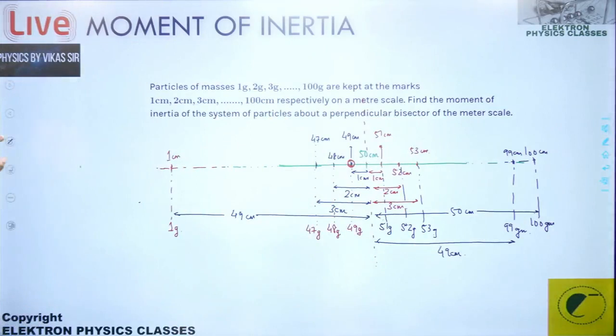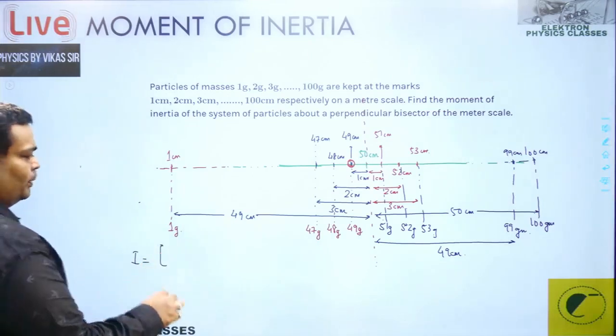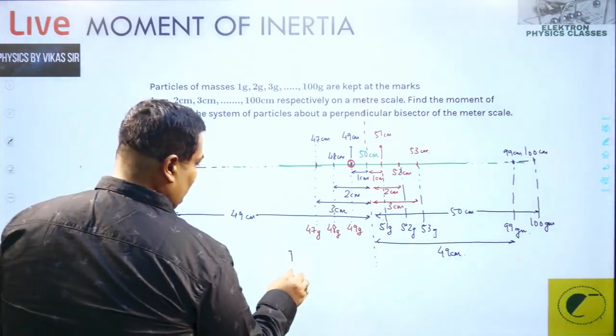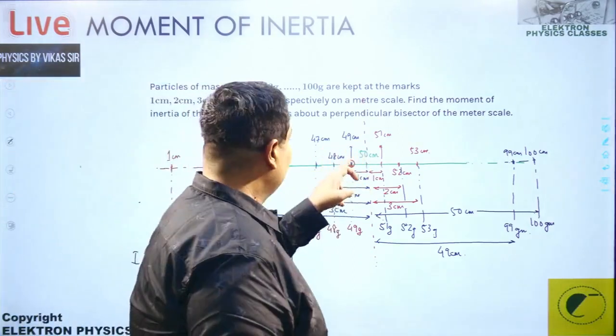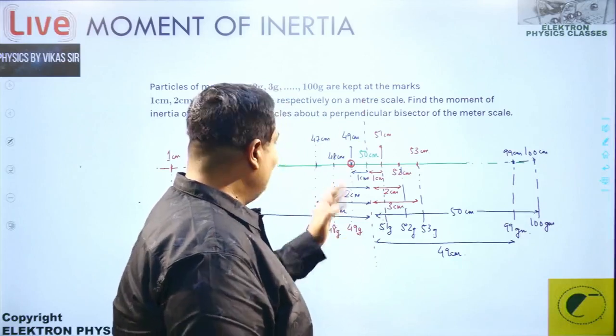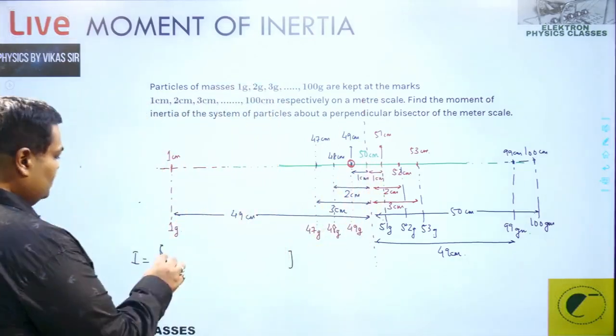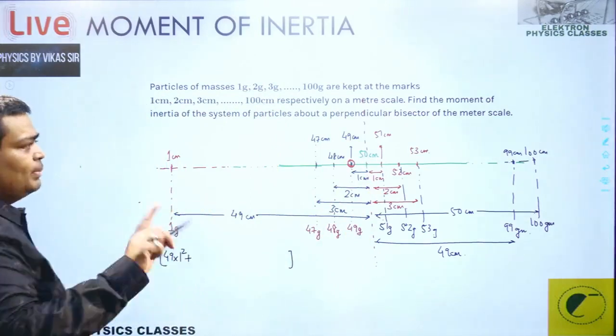And now we wish to write the moment of inertia for this. So let's start writing. I will be writing this in two parts. First of all, for the left side part, beginning with this particle. Well, what is the mass? 49 gram. And distance is 1. So 49 into 1 square, mr square.